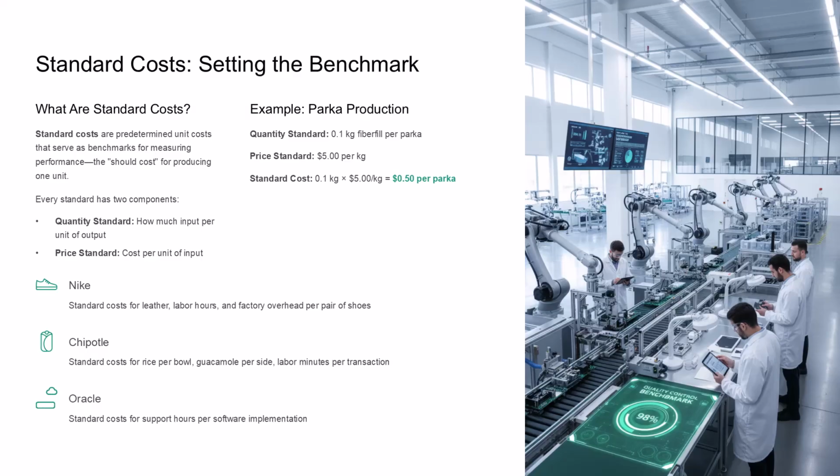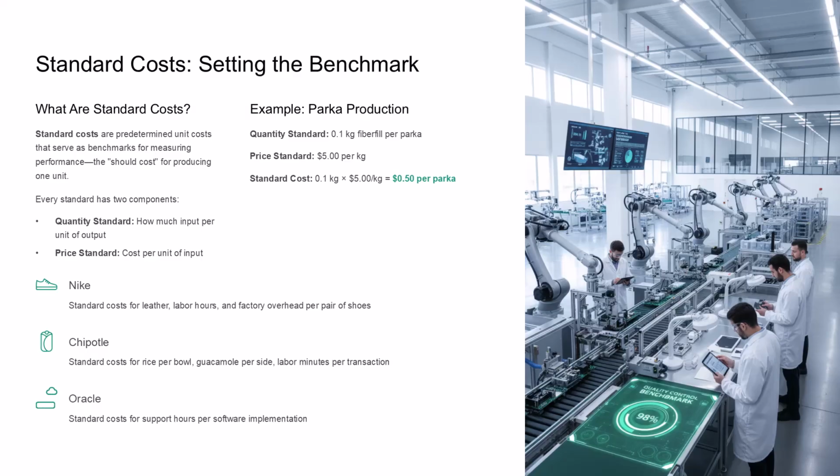Standard costs are predetermined unit costs that serve as benchmarks for measuring performance. Think of them as the should cost for producing 1 unit of product or delivering 1 unit of service. A standard cost has 2 components, a quantity standard and a price standard. The quantity standard specifies how much of an input should be used per unit of output. For example, a parka should require 0.1 kilograms of fiberfill insulation.